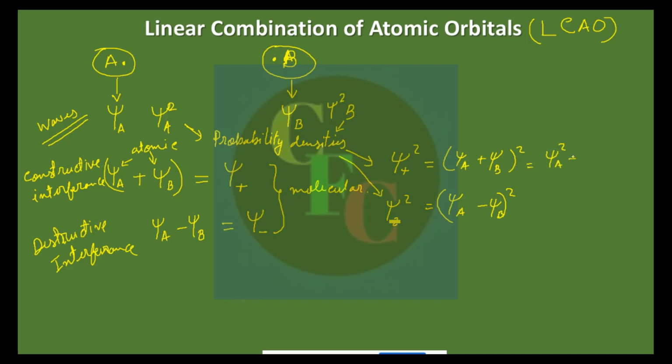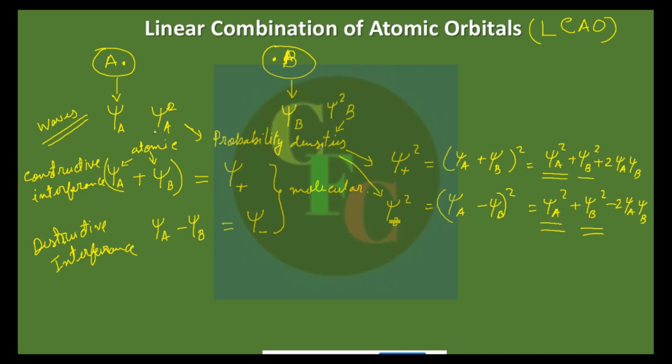Psi A square plus psi B square plus 2 psi A psi B, and here you will have psi A square plus psi B square minus 2 psi A psi B. See, these values, psi A square and psi B square, are same as those of individual atoms.